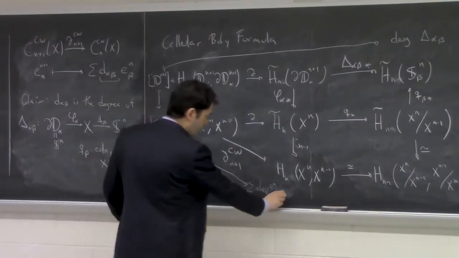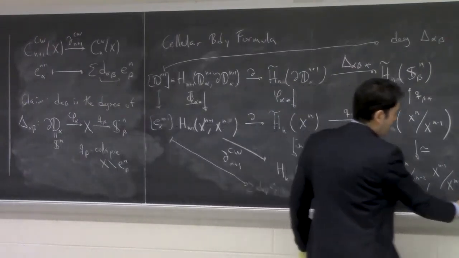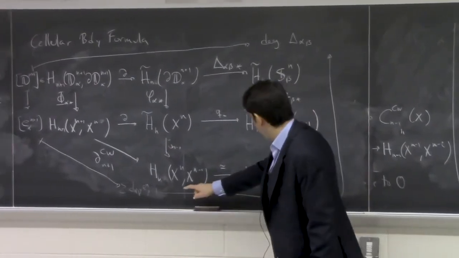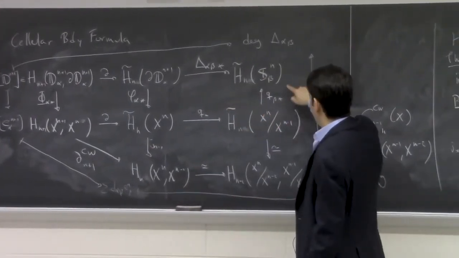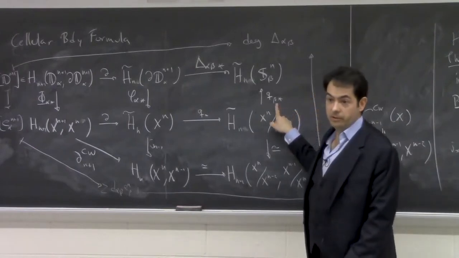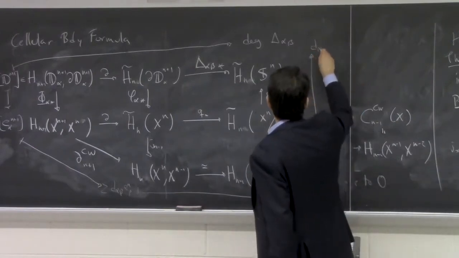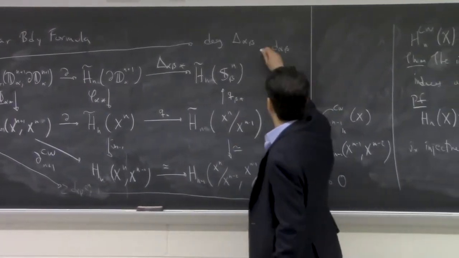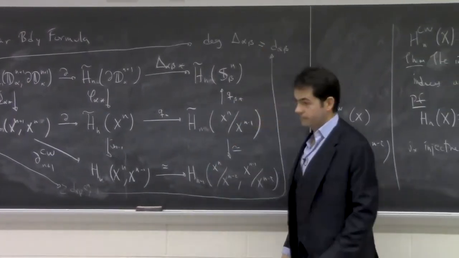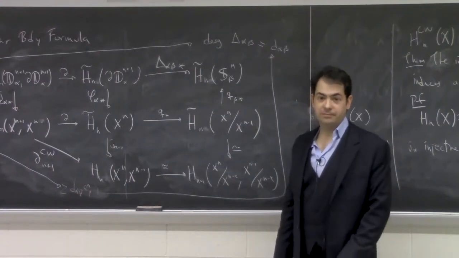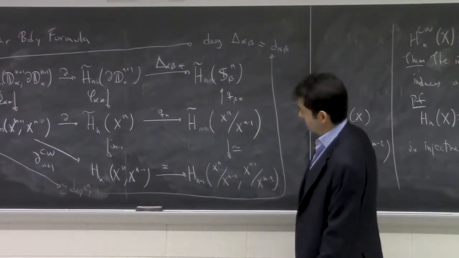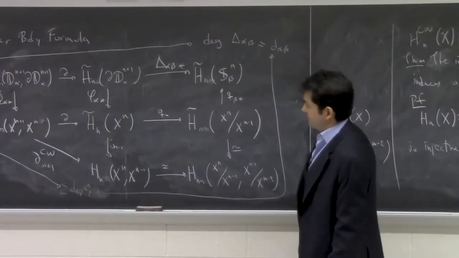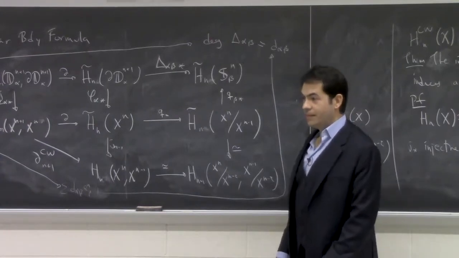On the other hand, if you start with this guy and you go around the diagram this way, then like we said, this one is just a projection onto the beta-th factor. So you just get d alpha beta. And since the diagram commutes, those are equal.